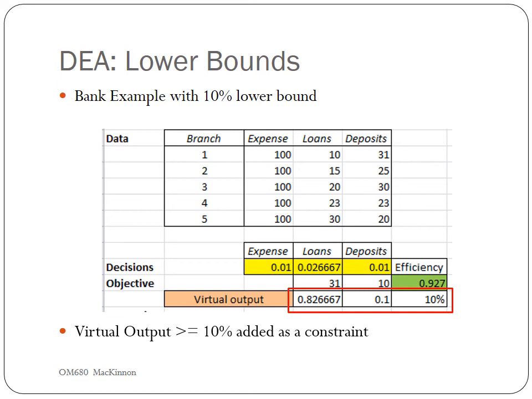We set it to greater than or equal to 10%, and we add that as a constraint, so our outputs multiplied by our decision weight cannot be less than 0.1. And this is what it looks like in the final analysis.